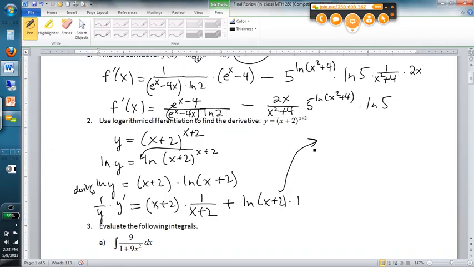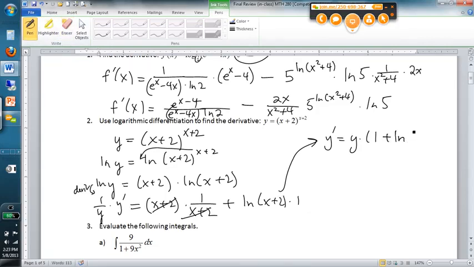We're just trying to solve for the derivative, so multiply both sides by y. And here's a good thing about this one: the x plus 2's do cancel, so that's just 1, plus ln of x plus 2.